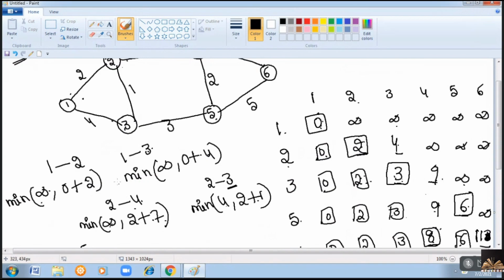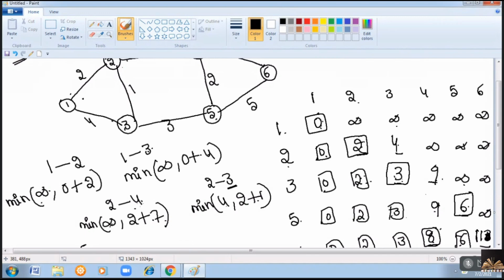So 2 to 3, 2 to 4. Minimum of, what is the destination value for 3? It is 4, comma. Marked value is 2. Here you have marked 2 as permanent. So 2 plus edge cost of 2 to 3 is 1. 4 comma 3 minimum is 3.